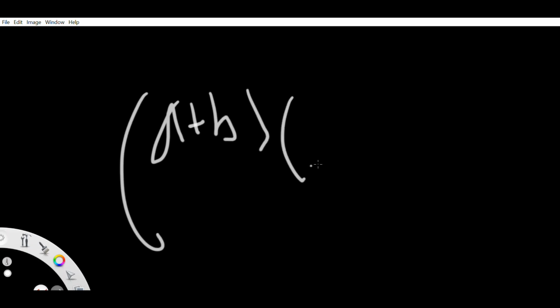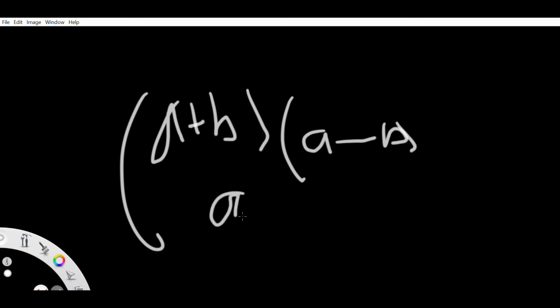Another one is the difference of two squares, which is not actually a trinomial but a binomial. These are called special products of binomials. So we have a plus b into a minus b, and after you do all the math, you realize that the inner terms and the outer terms cancel each other out.